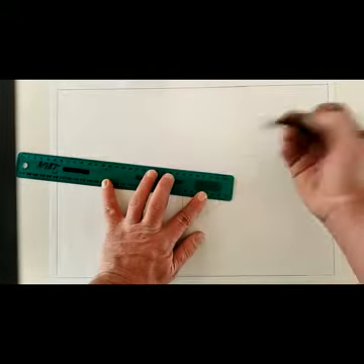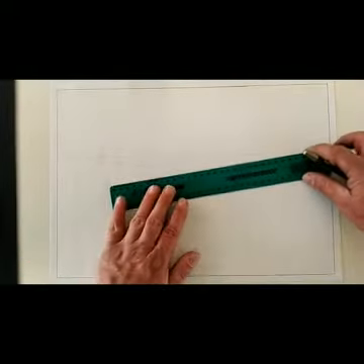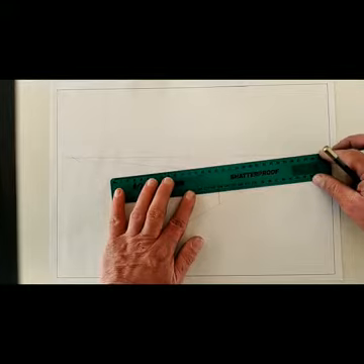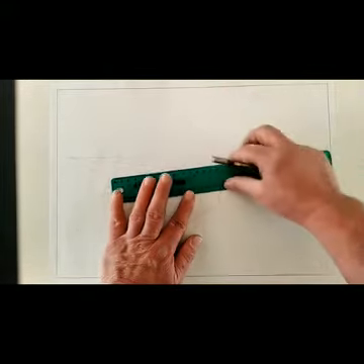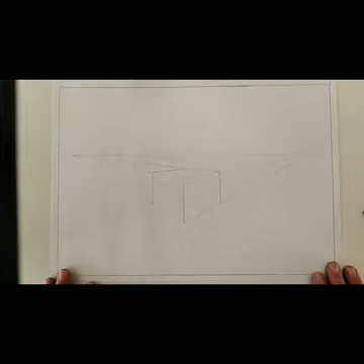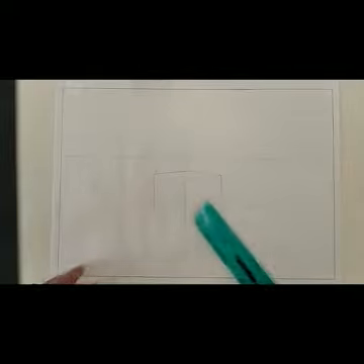And from that point, I'm going to draw a converging line to the other vanishing point. Now we have our three-dimensional block. I've erased my converging lines and you can see my three-dimensional block.